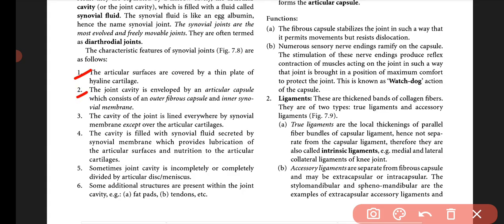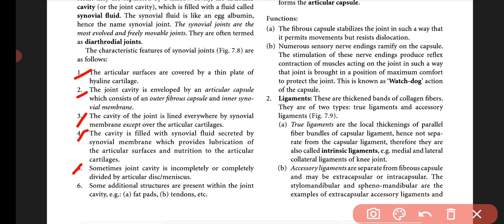The joint cavity is enclosed by an articular capsule which consists of an outer fibrous capsule and an inner synovial membrane. The cavity of the joint is lined everywhere by synovial membrane except over the articular cartilage. The cavity is filled with synovial fluid secreted by the synovial membrane.